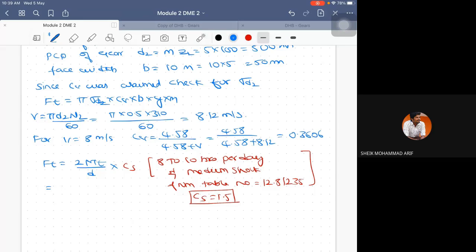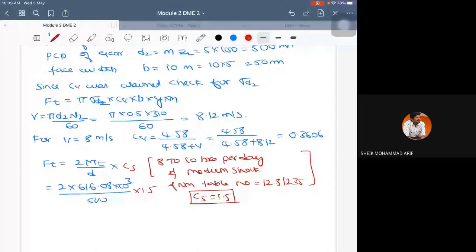So that is equals to 2 cross 616.08 cross 10 to the power of 3 divided by 500 cross 1.5. So your FT value for this particular scenario would be 3696.48 Newton.